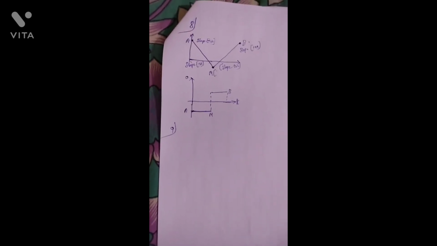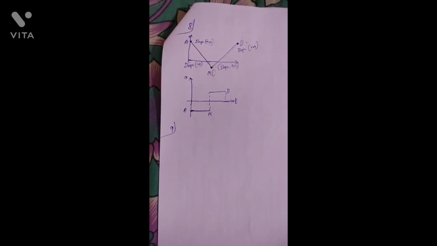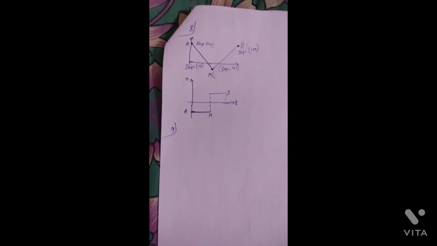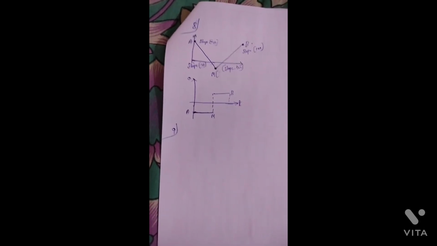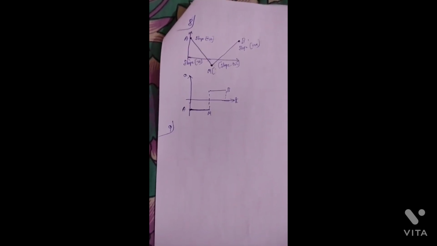Now if we see B to C in that graph, they are showing isothermal compression at pressure P2 to the initial volume V1. And C to A, it is showing an isochoric change leading to a change of pressure from P2 to P1.